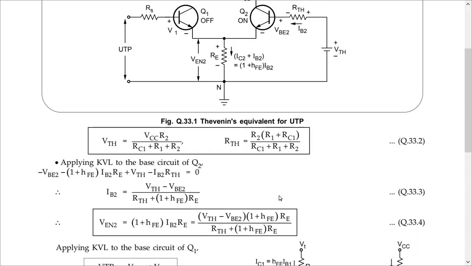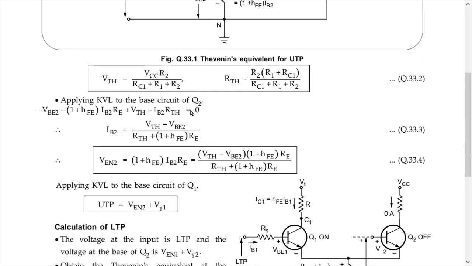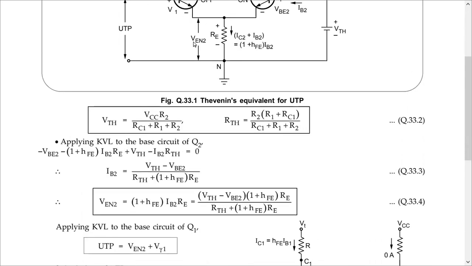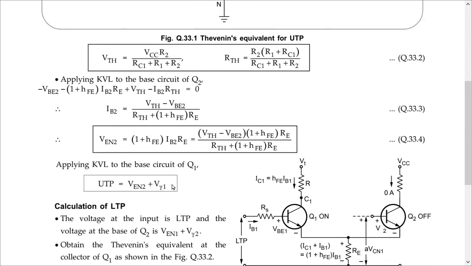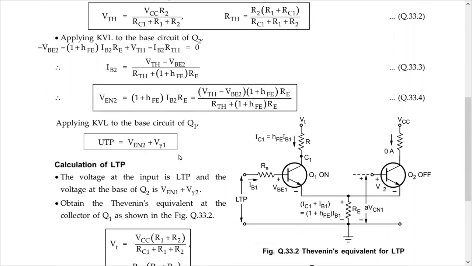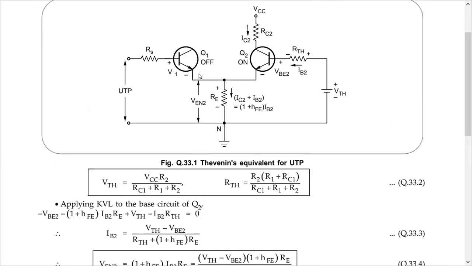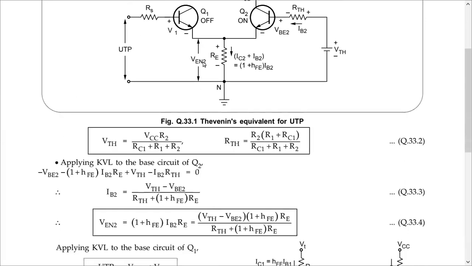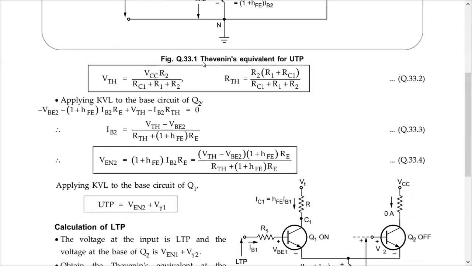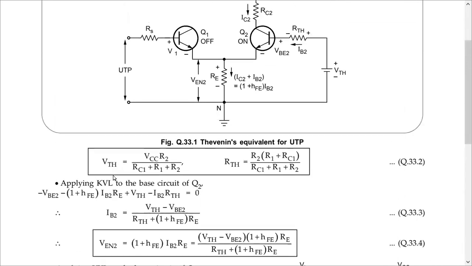Now very easy. UTP is simply VEN2 plus VBE1. In the derivation, they call it V gamma 1, where V gamma 1 is the cut-in voltage of transistor Q1, or VBE sat of transistor Q1. So we got VEN2. How did we get VEN2?